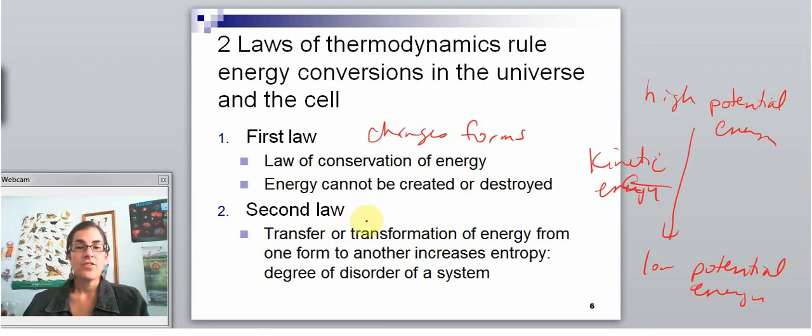The second law of thermodynamics is that these transformations of energy must increase something called entropy. Entropy is the disorder. So this law can be restated a little more simply as the universe and the energy transformations within it will always go towards disorder.